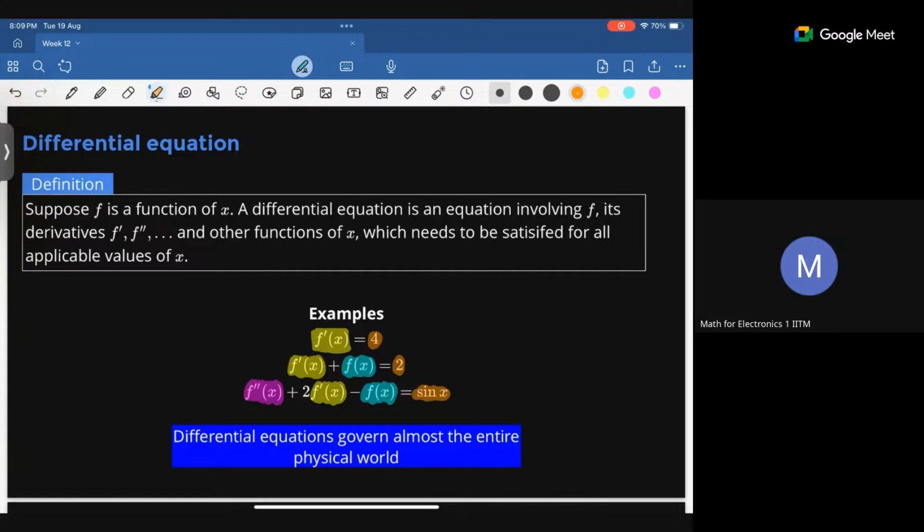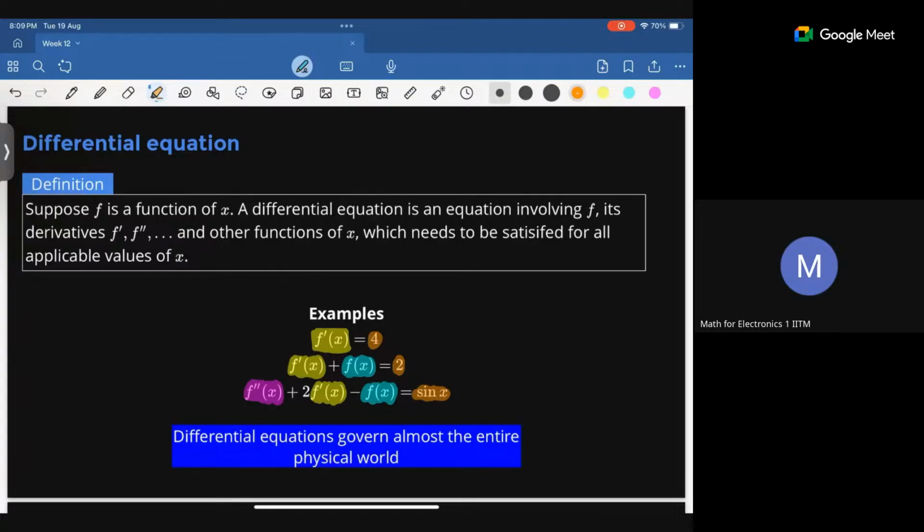It's not f of x, it's sin x. Sin x is also another function of x, right. So again, this also forms an equation, and the equation has only the function and its derivatives and some other functions of x. So it doesn't involve any other variables or any new variable, right. So this is a differential equation.